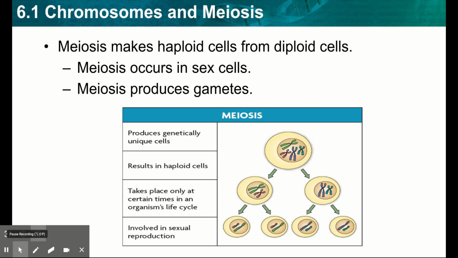This results in haploid cells, having 1 copy of each chromosome, half of the information. And this takes place only at certain times in an organism's life cycle, only when the egg and sperm connect. And this is involved in sexual reproduction. Two parents make an offspring.